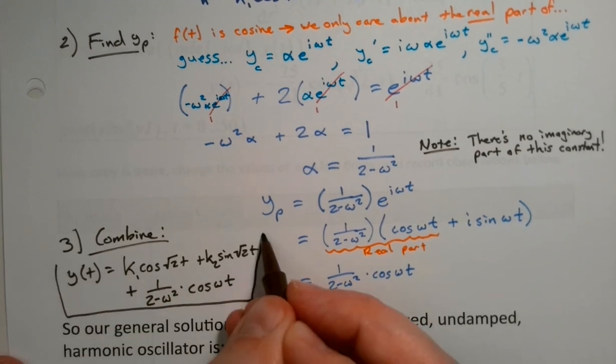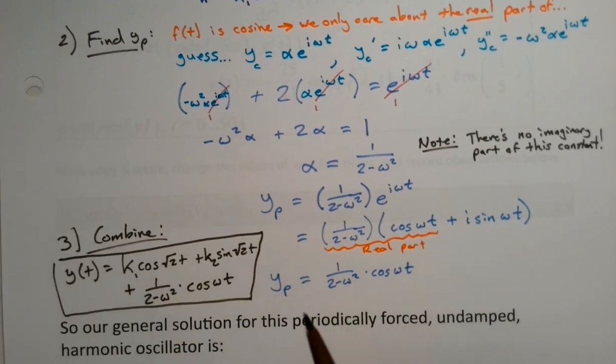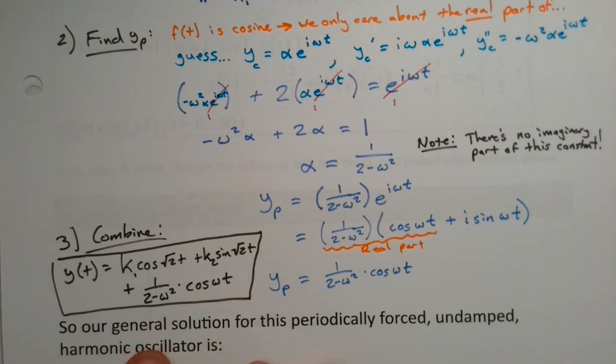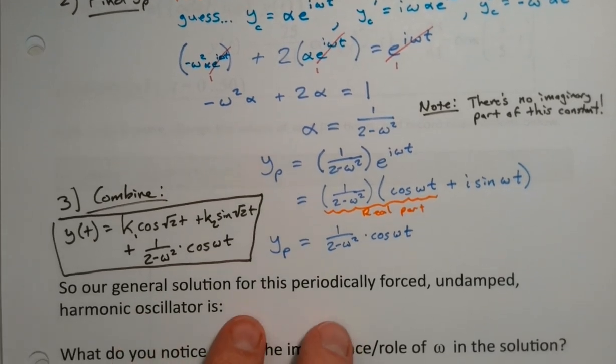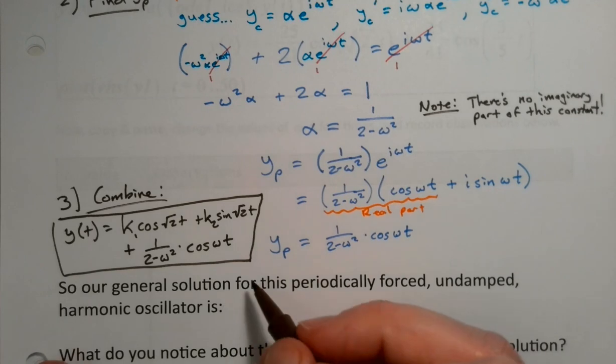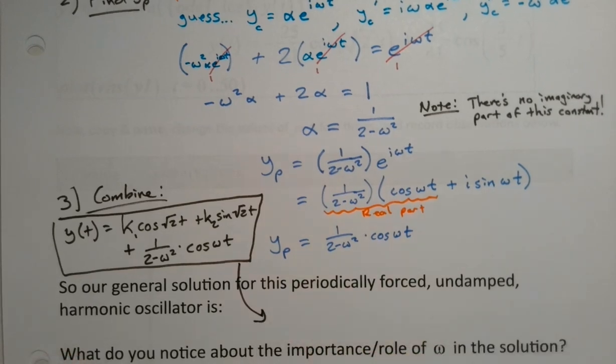This is my general solution. The general solution for the periodically forced undamped harmonic oscillator is that.